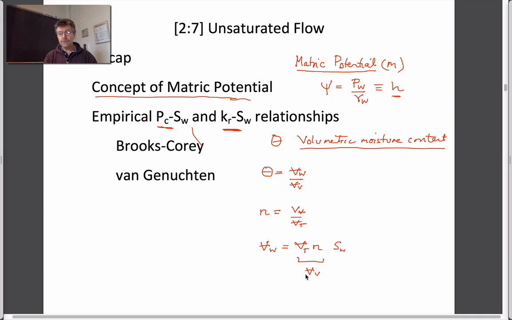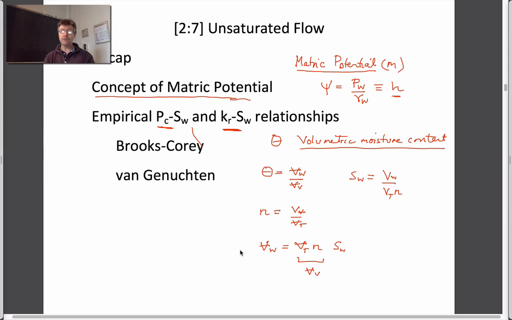So the volume of voids multiplied by the saturation is the volume of water. And so I guess we can rearrange this, is that saturation of water, just by taking this, is equal to the volume of water divided by the total volume times the porosity. Just rearranging this. And I suppose volume of water divided by total volume is the porosity.